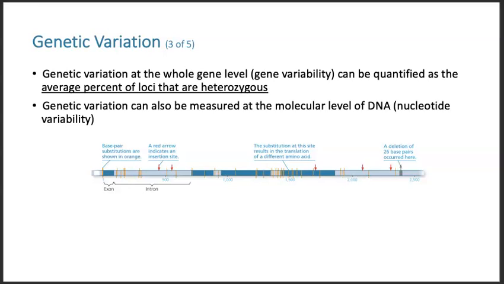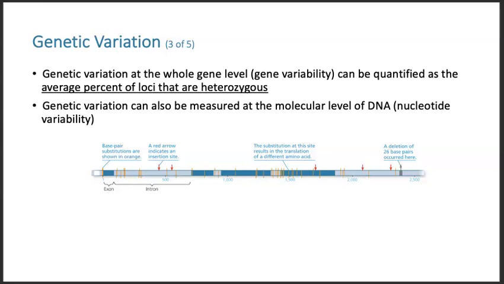Genetic variation, again, happens at the gene level. So one of the things that we can quantify, we can actually do some math on, is the average percentage of loci in your entire genome that are heterozygous.